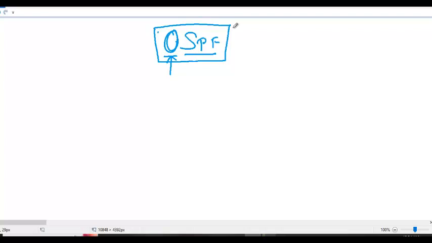The answer is, 5 and 15 is for EIGRP. Don't say 5 and 15. This is 10 and 30. Is it 30 or 40? The hello timer is 10 seconds and the dead time is 40. All right.